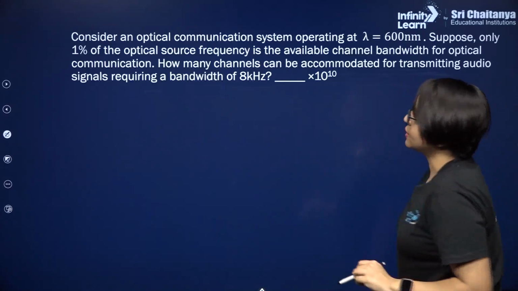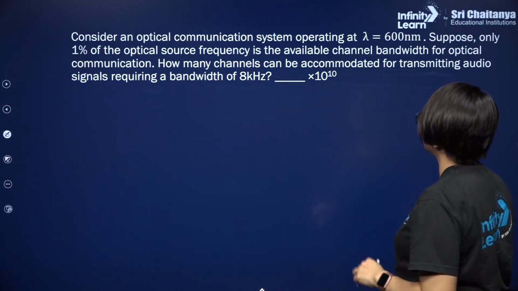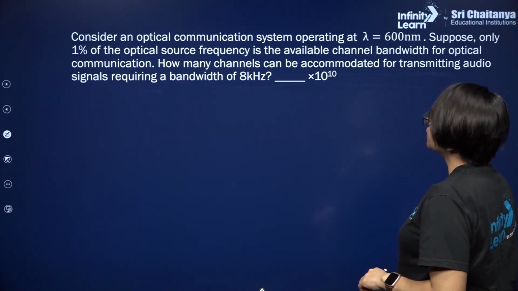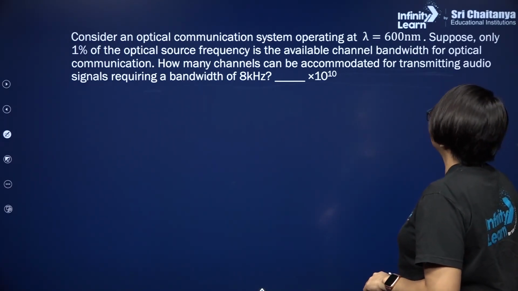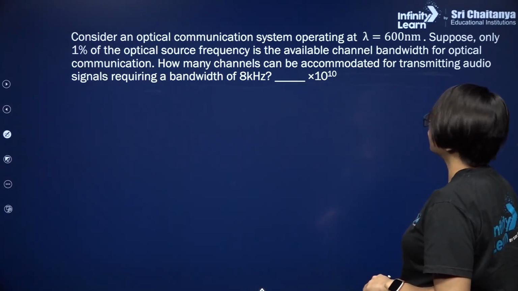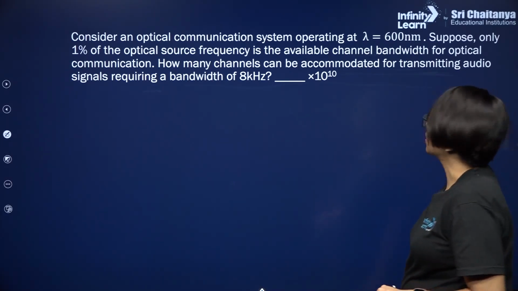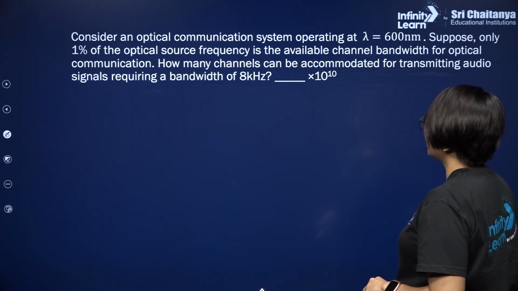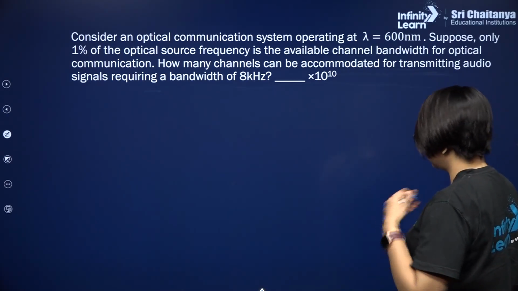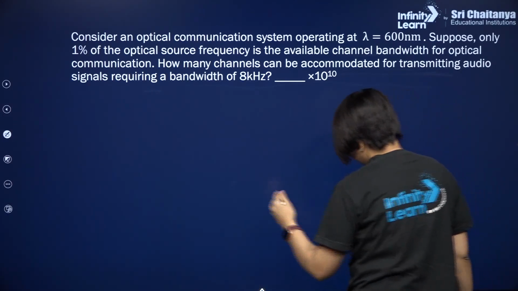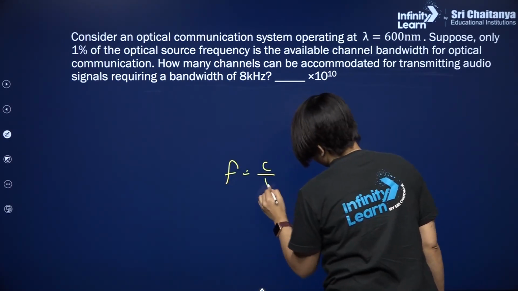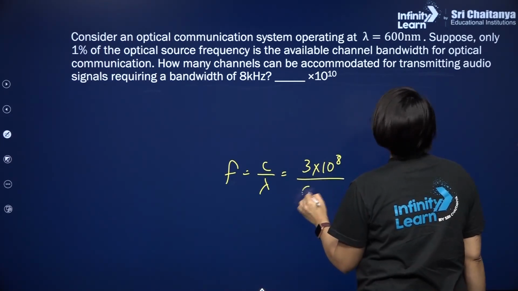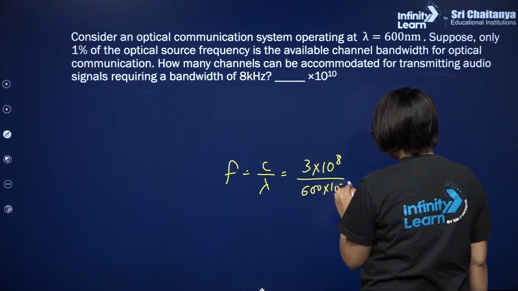Okay. Next is, consider an optical communication system operating at this nanometer. Suppose only 1% of the optical source frequency is available as channel bandwidth for optical communication. How many channels can be accommodated for transmitting audio signals requiring a bandwidth of 8 kilohertz? So, over here we have f is equal to c upon lambda, right. So, c is 3 into 10 power 8 divided by lambda, 600 into 10 power minus 9.